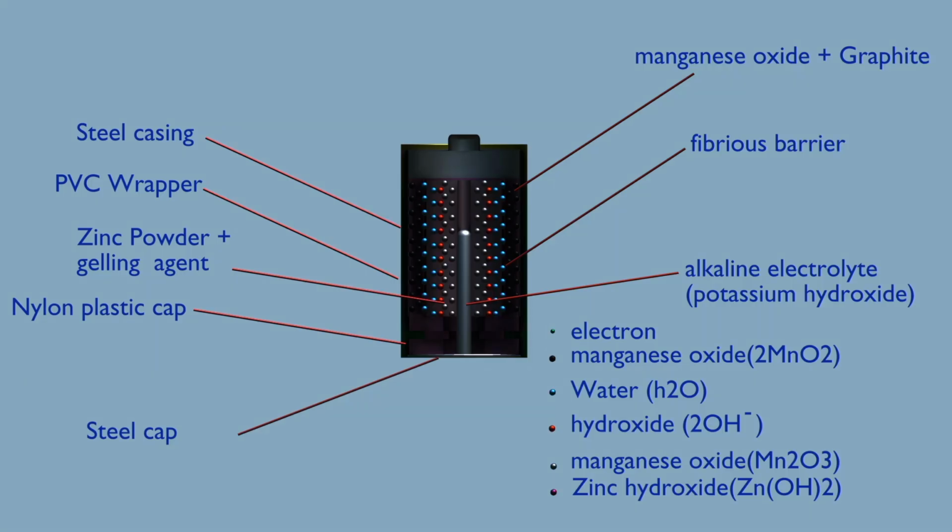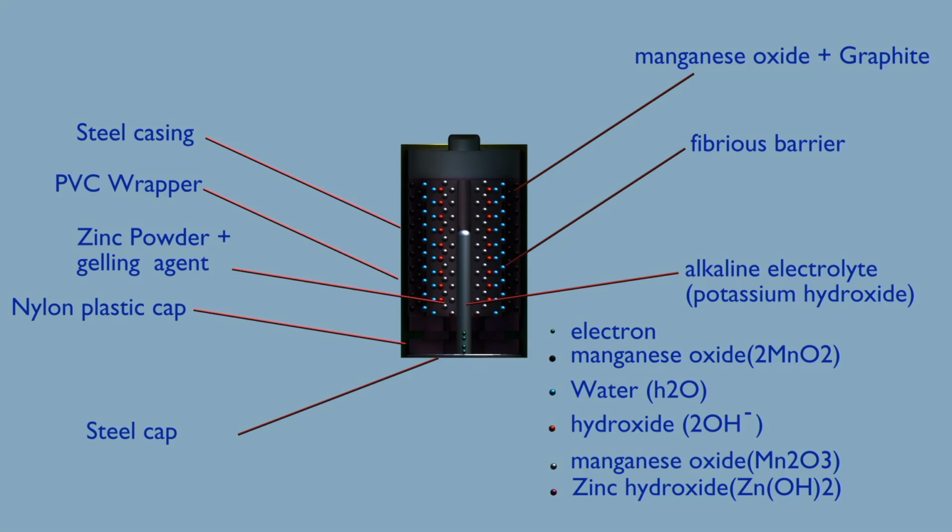Inside the battery, atoms in different materials interact through chemical reactions. Hydroxide ions in the electrolyte react with zinc in the anode in a process called oxidation, forming zinc hydroxide and releasing electrons that collect on the brass pin.